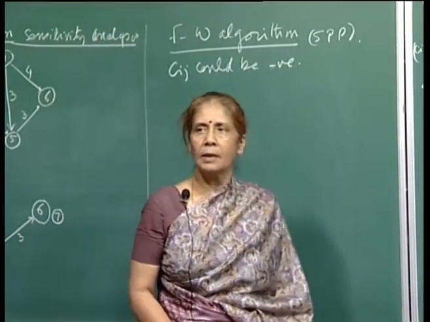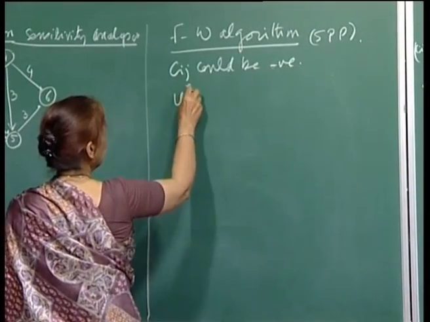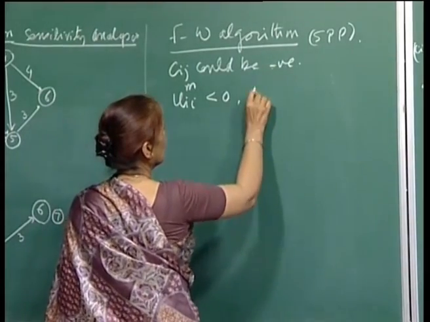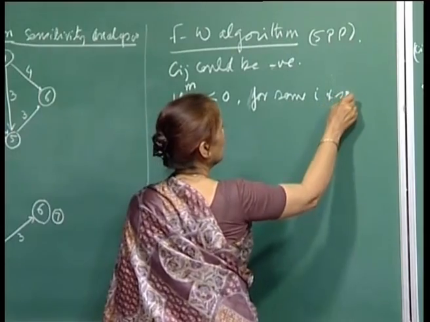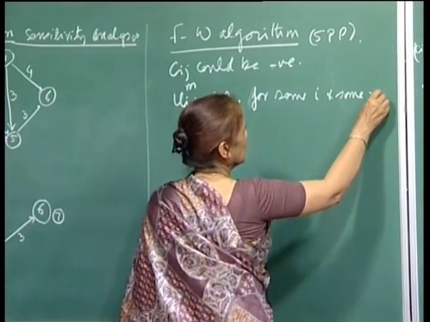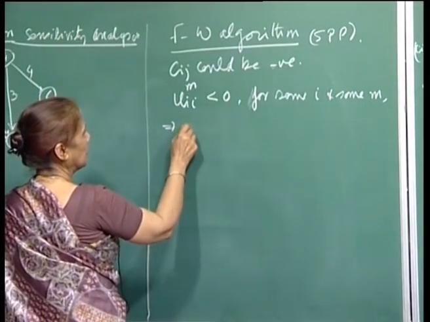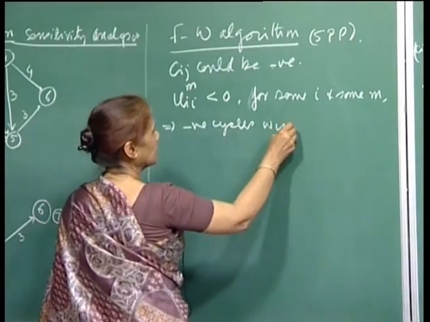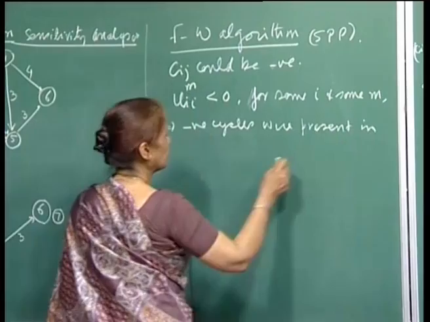So, in that case, I showed you that if U_im became less than 0 for some i and some m, then this implied that negative cycles were present in the network, right?